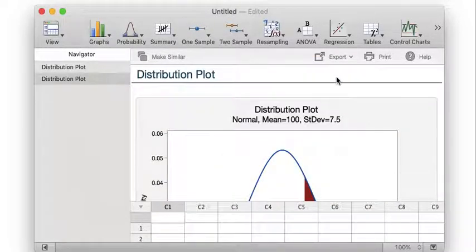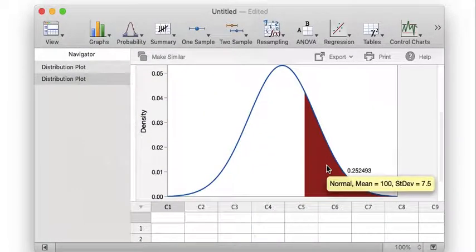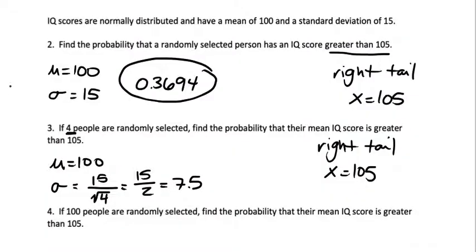Now notice for this one, the probability is going to be a little bit less, 0.2525. So if I have a larger sample, the probability that they all happen to have a mean IQ score greater than 105 is going to be less.